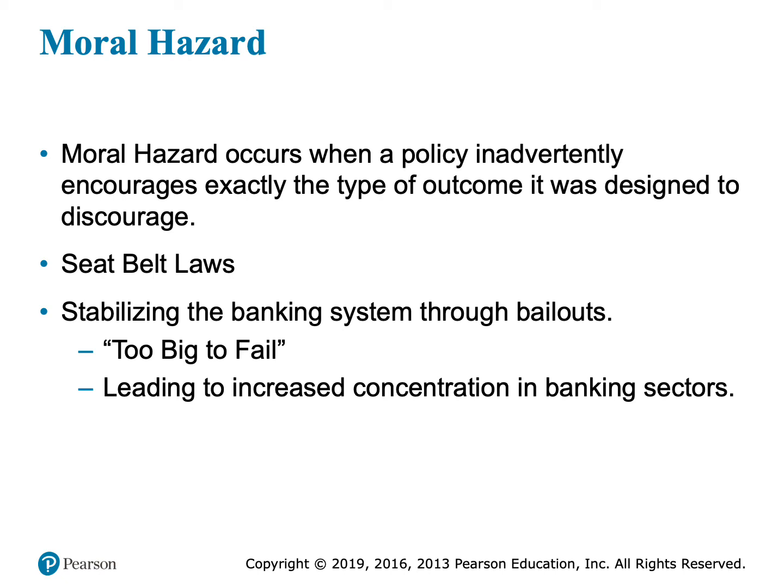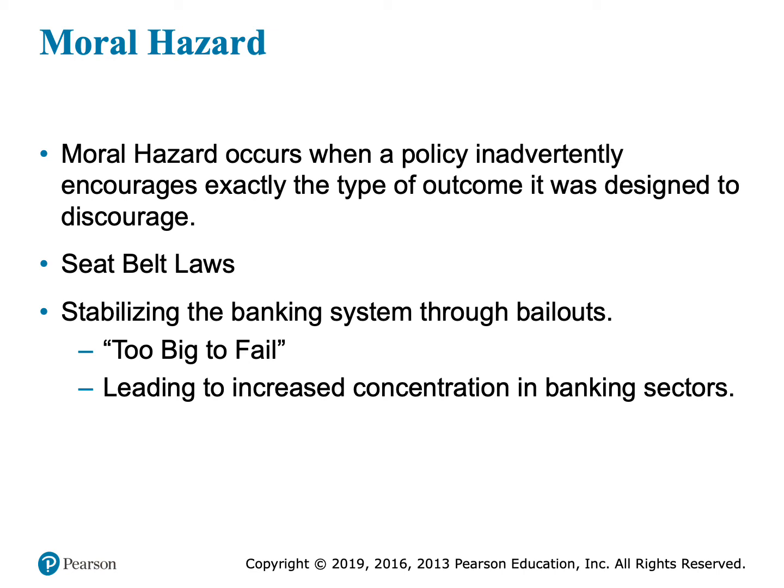But the problem is there's a moral hazard involved, right? If a bank is insured to receive a bailout only if it is too large and too integrated into the economy to fail, then a strategy for a bank that wants to take on a lot of risk is to, of course, become too big to fail.